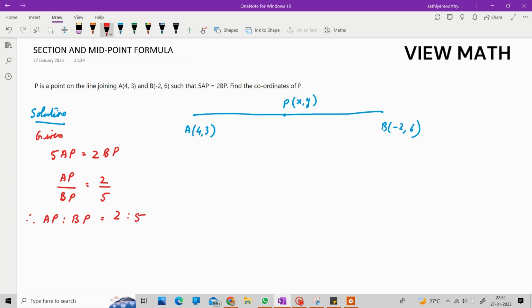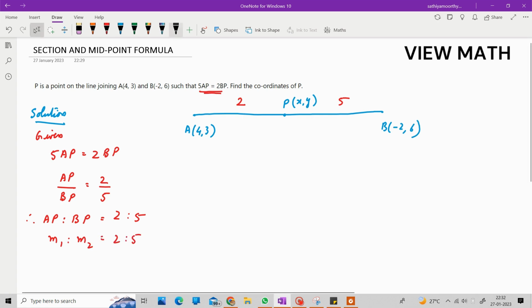So AP is 2, and BP, PB or BP, both are same, is 5. So from the given condition, we have found the ratio. It is 2 is to 5. So M1 is to M2 is 2 is to 5.